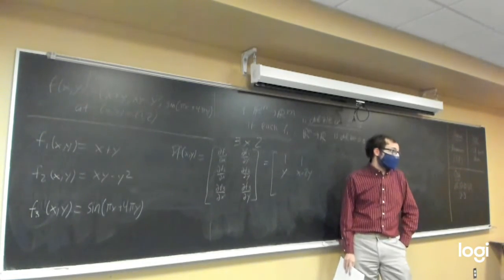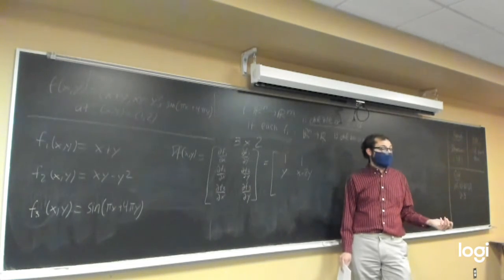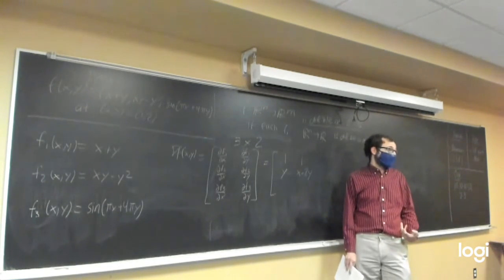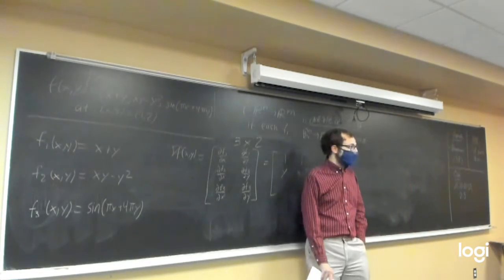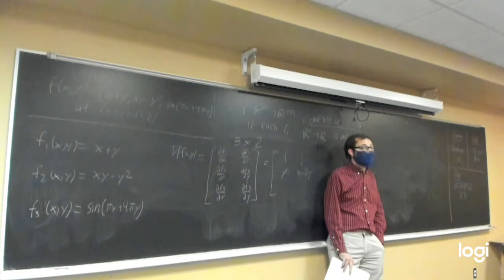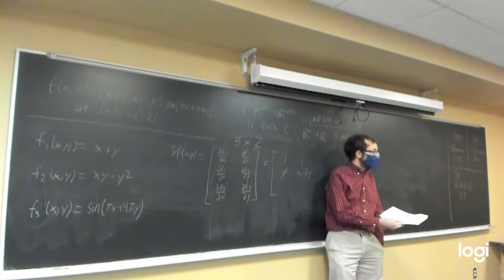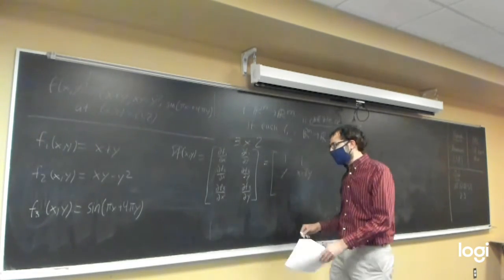Well, if we use the chain rule, we can just do derivative of outside piece times derivative of inside. So what's the derivative of sine of something in general? Oh no, trig derivatives. Yeah, derivative of sine is just cosine.